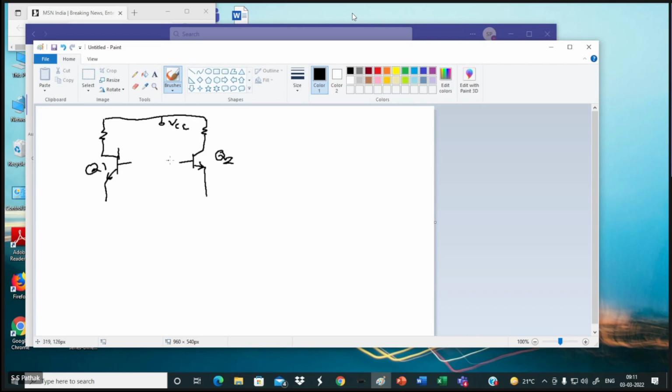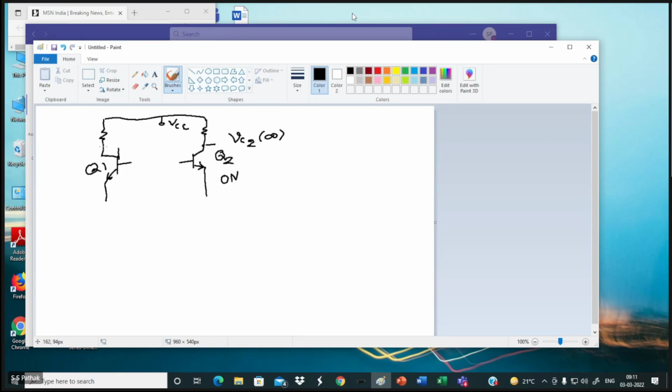So this base is not kept open because this is considered to be on. The way we proceed with the design, if I switch it on for infinite time, this will become on. So here I am considering VC2 on, that means at infinity.